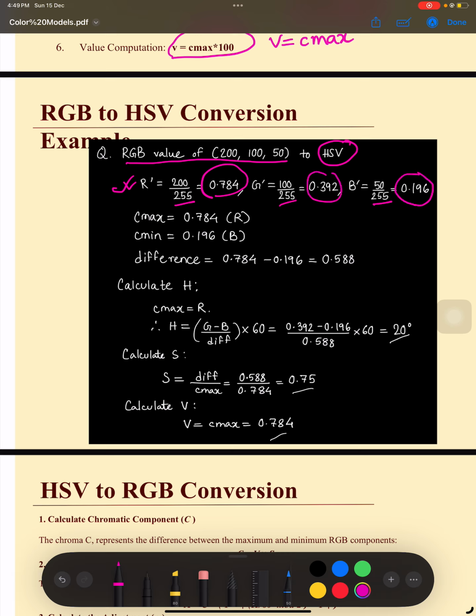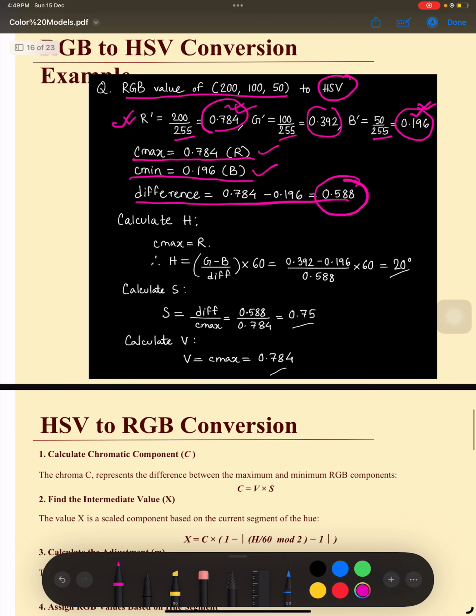From here, we see that R has the greatest number, so my Cmax is red. We see that blue has the least value, so my Cmin is blue and it's 0.196. In order to find the difference, we subtract Cmin from Cmax and we get 0.58.